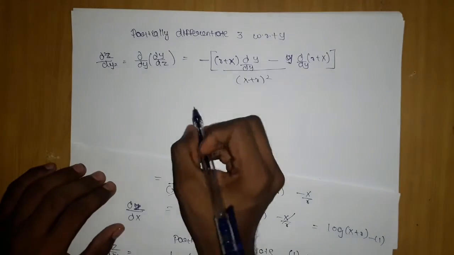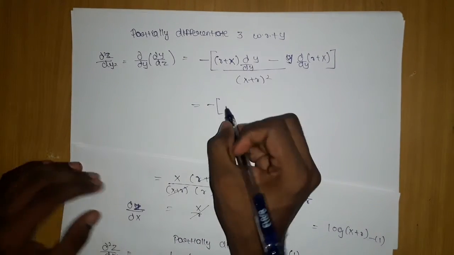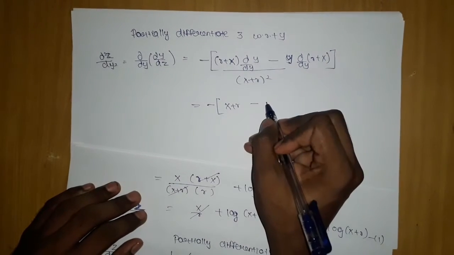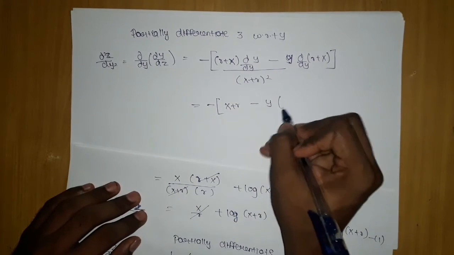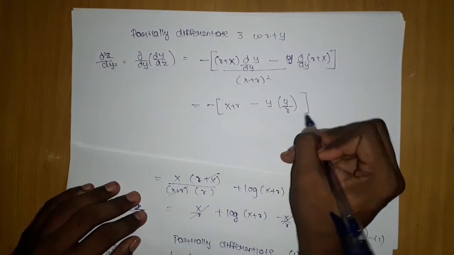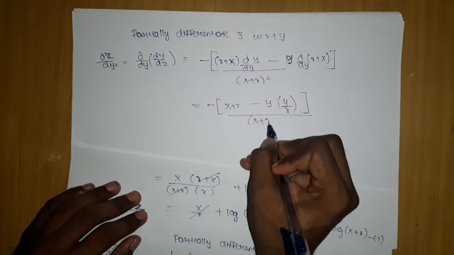Okay, so if I further solve it, I am going to get x plus r, this will become 1, this will become y, this will become y by r, and this will become 0, and here I will be left with x plus r the whole square.